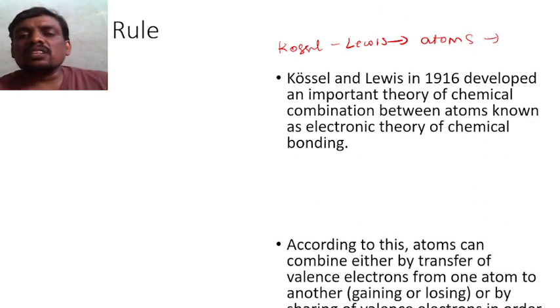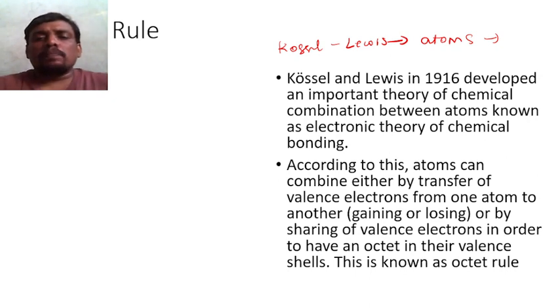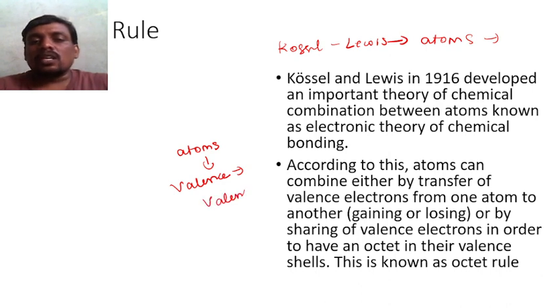This theory also depends upon the attractive forces present between the atoms. Atoms can combine either by transfer of valency electrons from one atom to another, or by sharing valency electrons on the outer shells in order to have an octet. This is known as the octet rule.